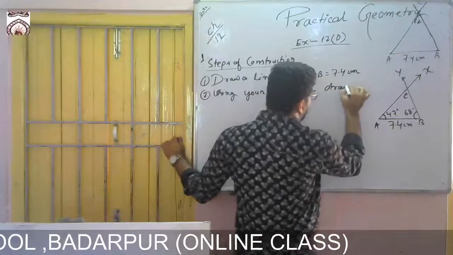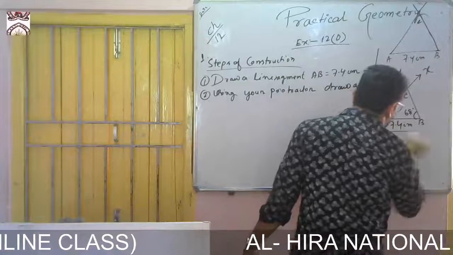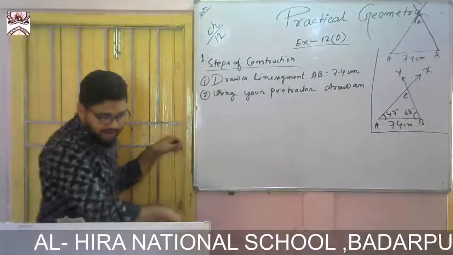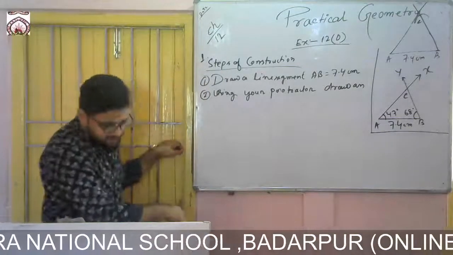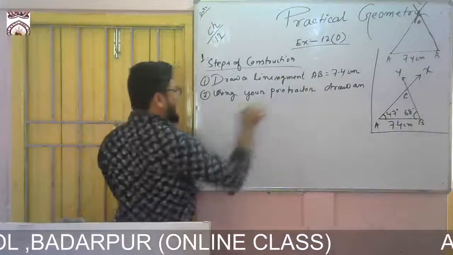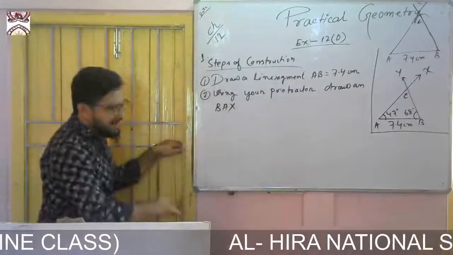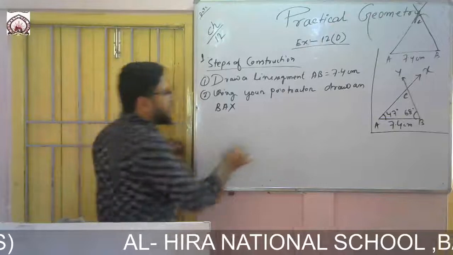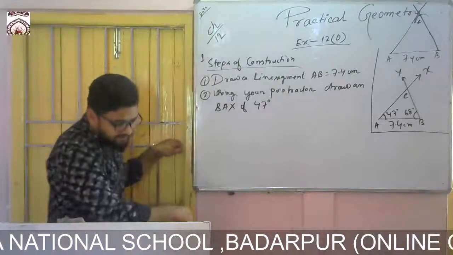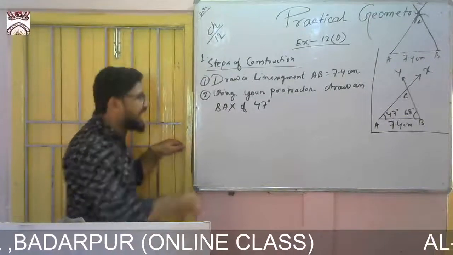Draw an angle BAX of 47 degree at A. So this one diagram, you just keep this one in one place.